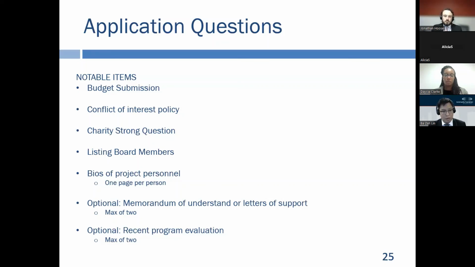You can only upload 2 documents. So if you're submitting more than one document, please compile them into one large PDF and then upload it as 1 big document. There's also an optional space for you to submit recent program evaluation if you have done so.